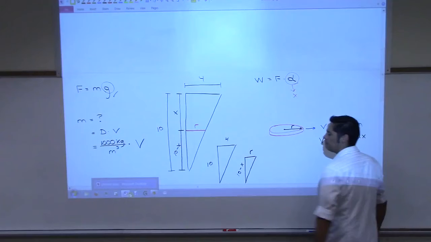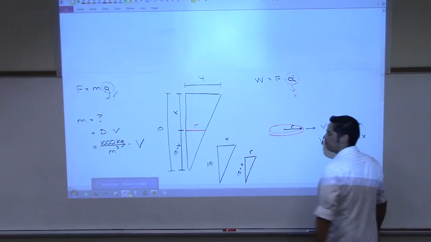The only difference is, usually we're used to x going left and right, yes? I decided to let x go up and down. Who cares? I could have called it y, right? Could have called it L, M. Well, I wouldn't want to use m because I'm already using m, but you get the idea. It's a dummy variable. So I can say that this is equal to pi r squared times dx.